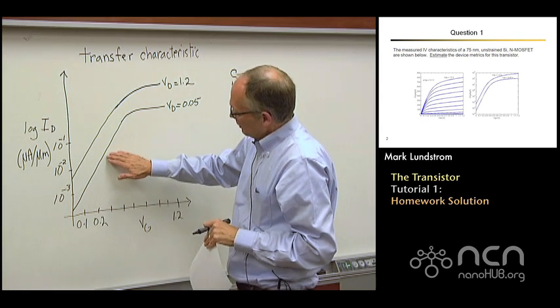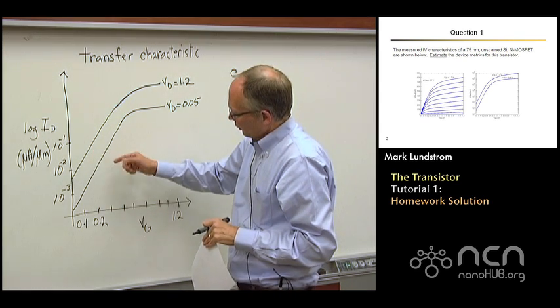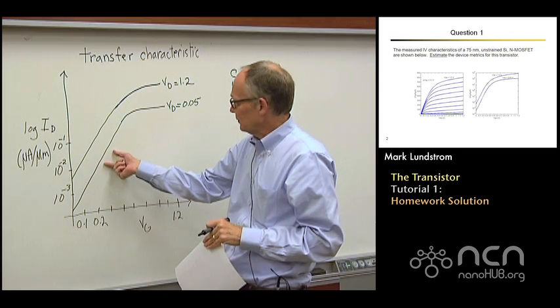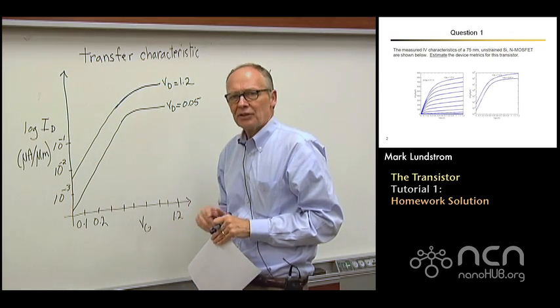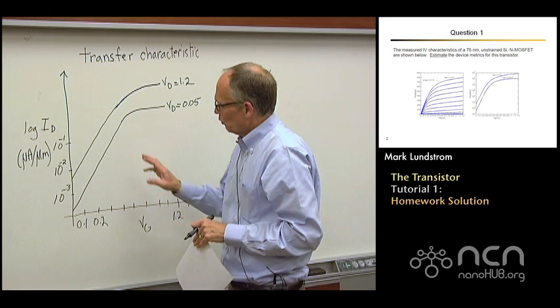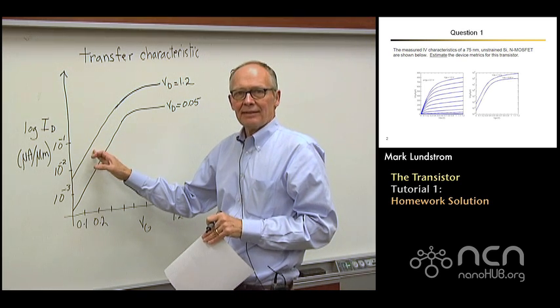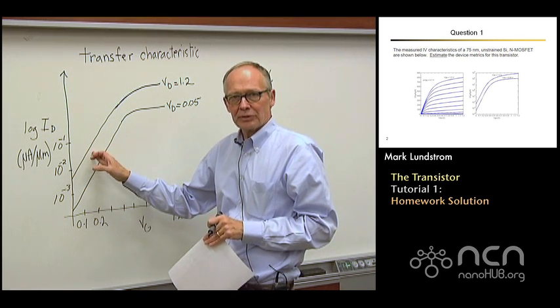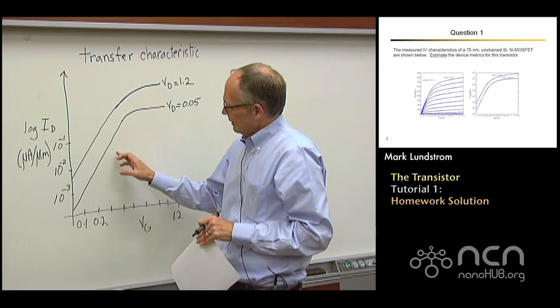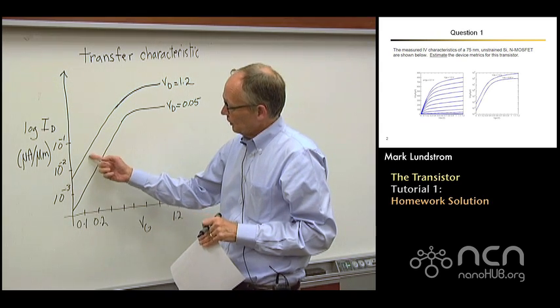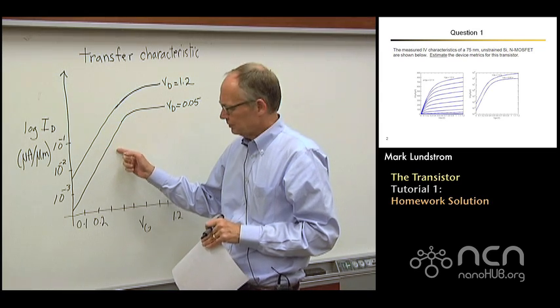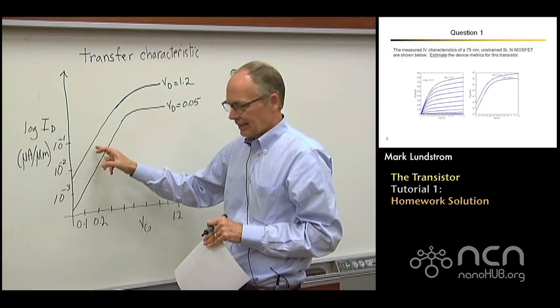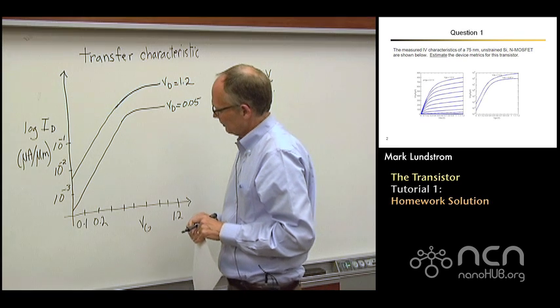In principle we could do it for either curve, under low drain voltage or high drain voltage. We're most interested in the value under high drain voltage. In a well-designed transistor, these two curves are parallel, so we would get the same answer from both, but it's better practice to take it from the high drain voltage regime.